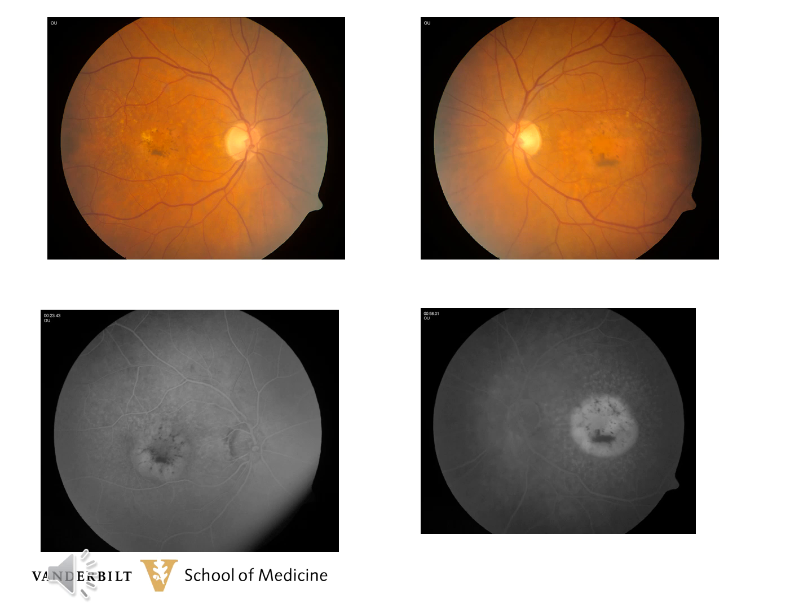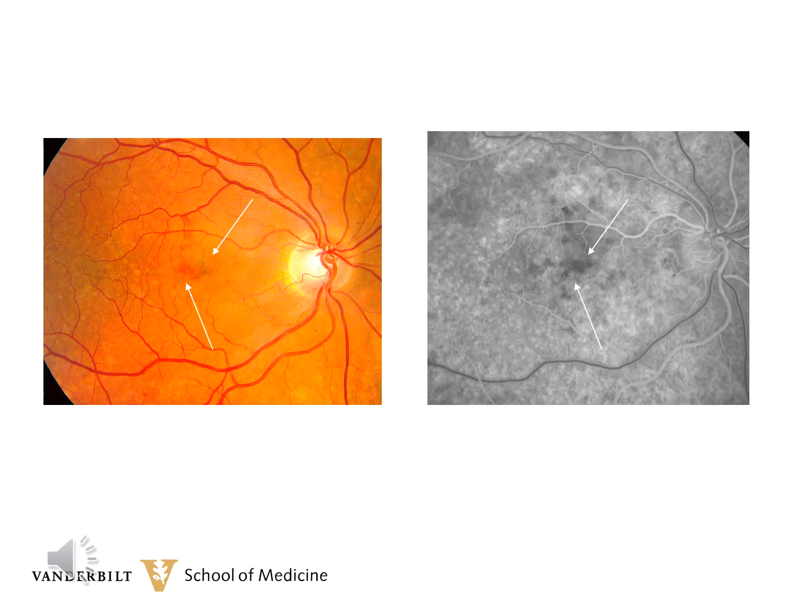The hyperfluorescence here is the collection of the dye in the pigment detachment itself. This is the final example of macular degeneration, and the pigmentary changes are more subtle than on the prior examples. You can see that there's a subtle amount on the color photographs, but you can see the scattered blockage on the fluorescein angiogram.